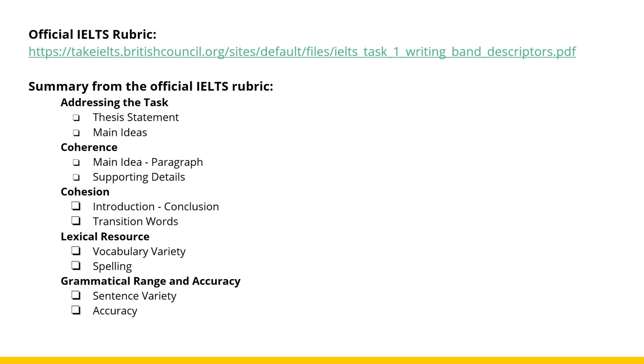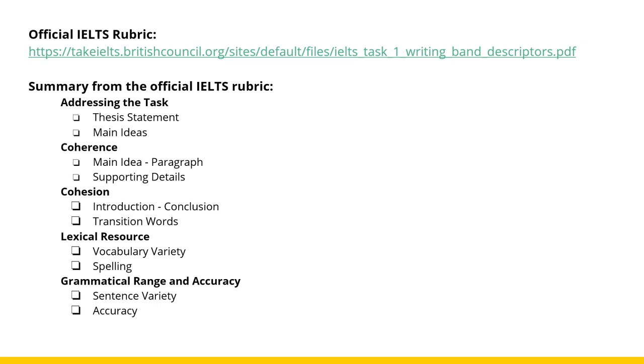Transition words, these are words such as first of all, for example, in addition, finally, so make sure you include them. Lexical resource means that your vocabulary is not redundant, so you are not using the same words over and over again, and you are using different synonyms, or you are paraphrasing some words.